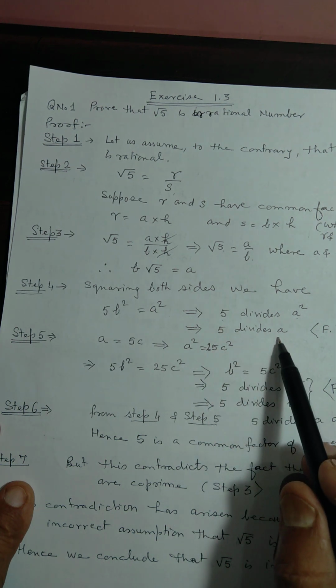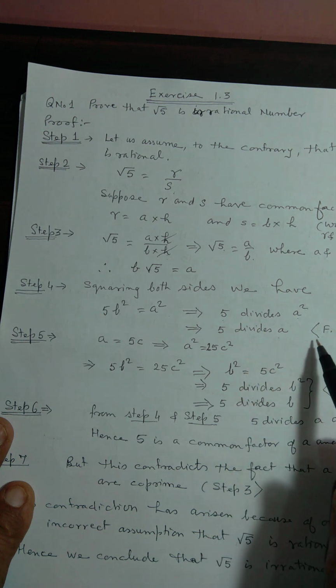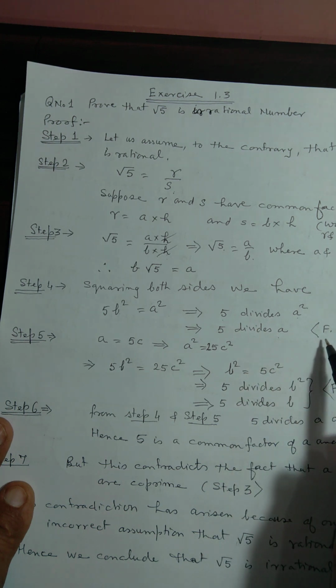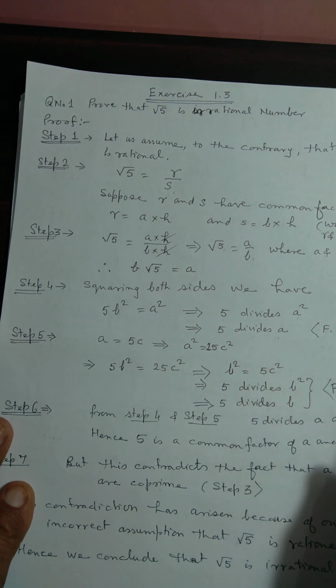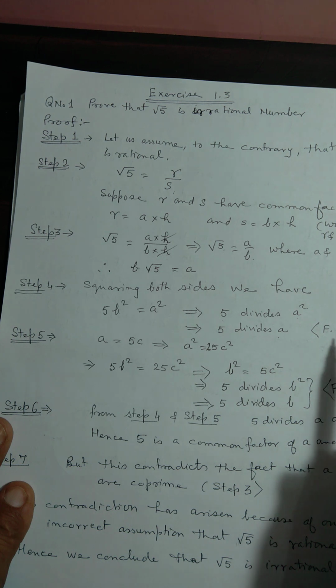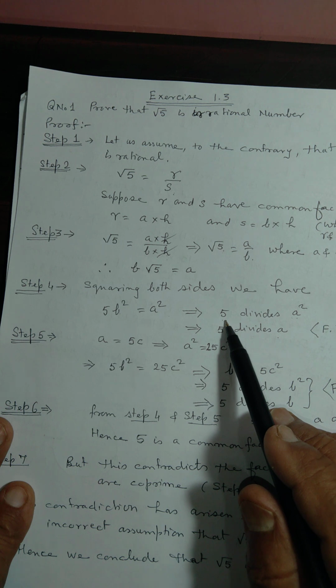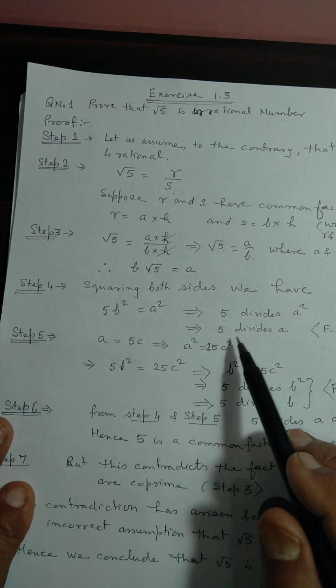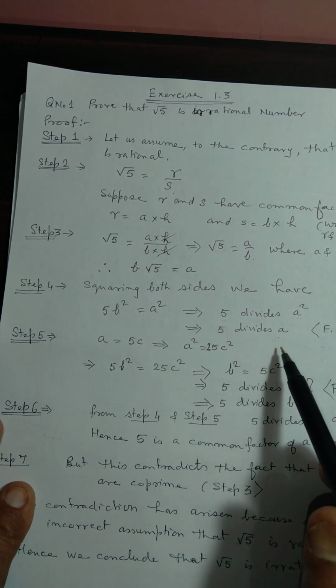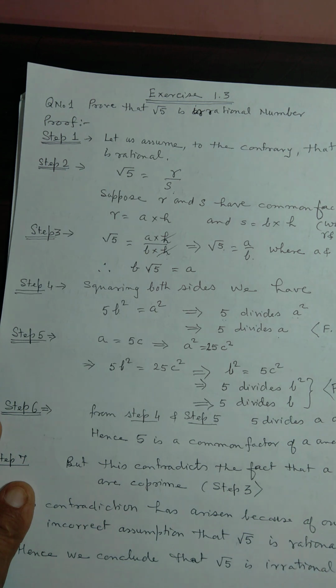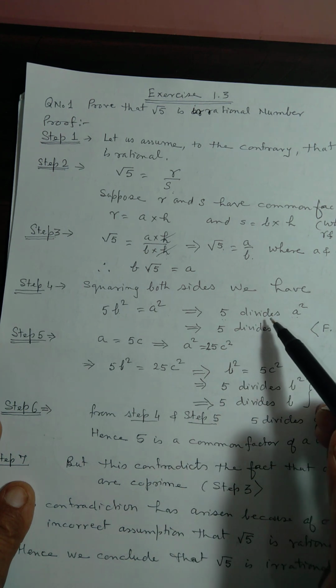5 divides a. Further, you can consult the fundamental theorem of arithmetic: if a prime factor divides the square of a number, that prime factor also divides the number. You can take an example like 36.